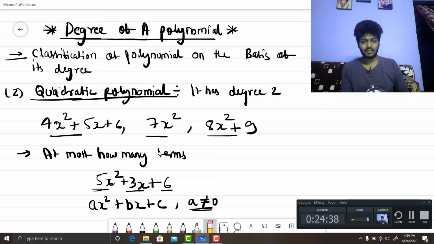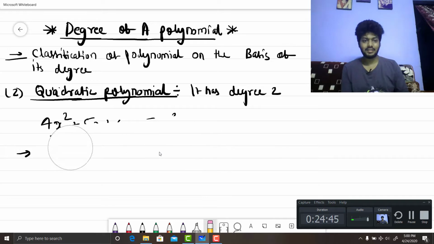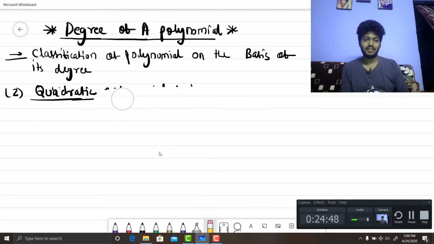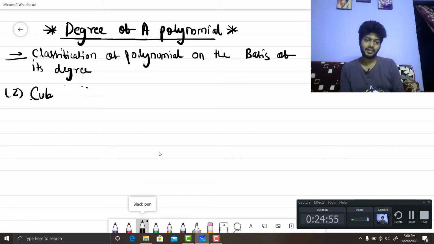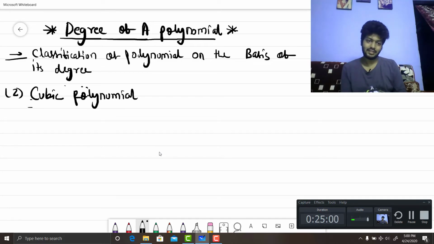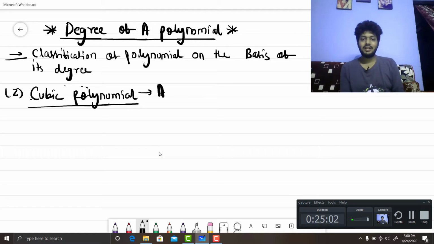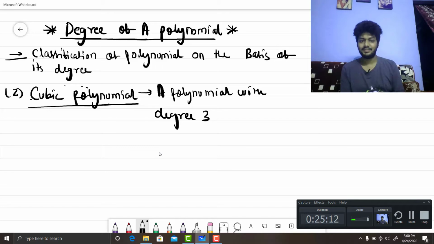Next we have a cubic polynomial, and it's quite simple. A cubic polynomial is a polynomial with degree 3.